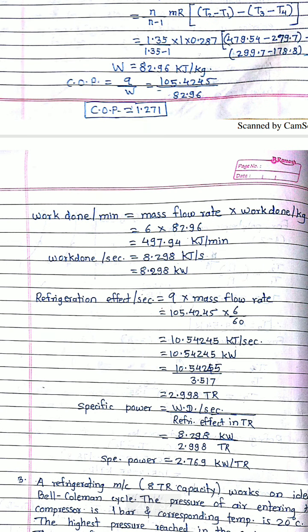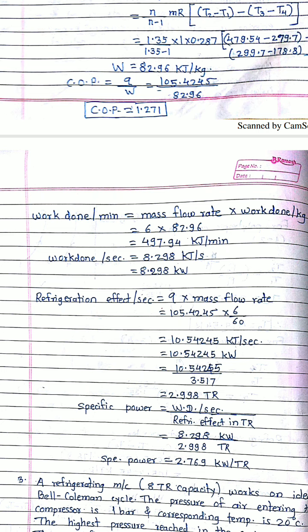So 10.54 kilowatt is given, and 1 TR is equal to 3.5 kilowatt. So therefore we will divide by 3.5. So the refrigeration effect in terms of TR is equal to 2.998 TR, approximately 3 TR. So specific power is equal to work done per second divided by refrigeration effect in TR.